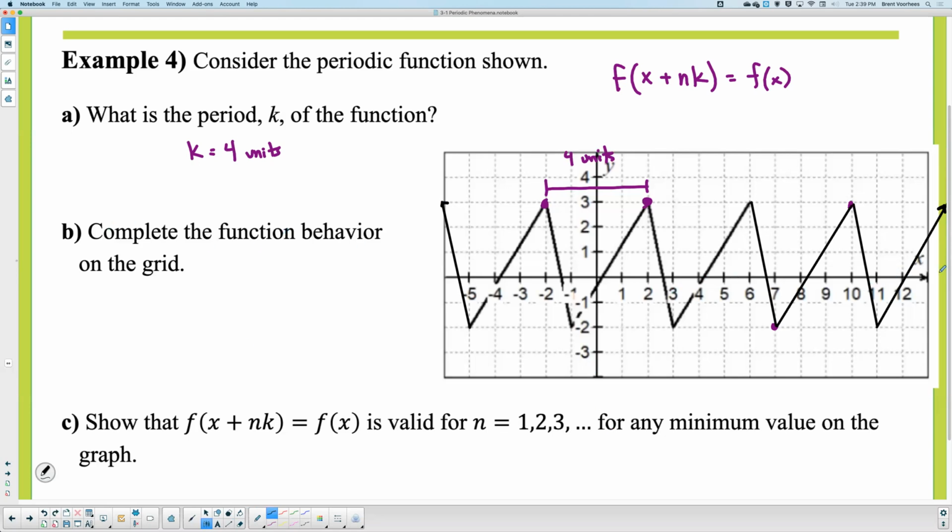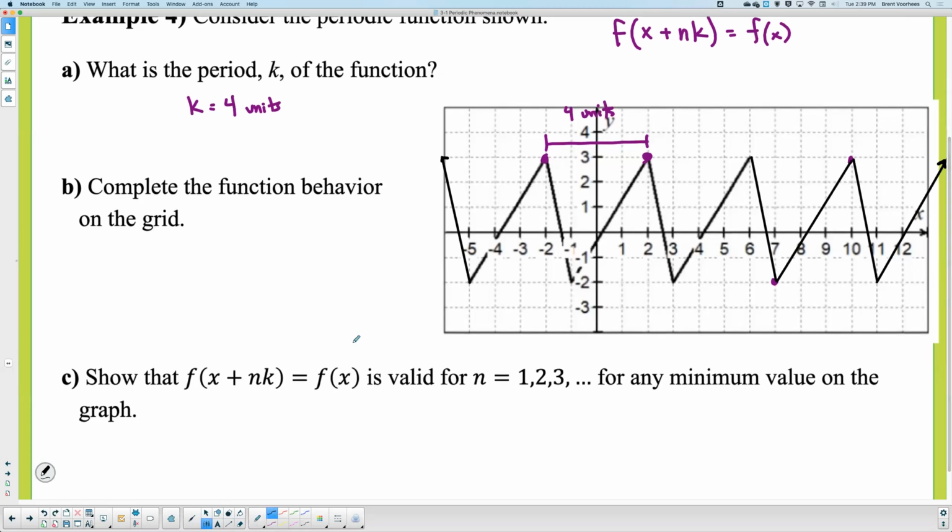We completed the function. Now, this says show that f of x plus n times k equals f of x is valid for n equals 1, 2, 3, or any minimum value on the graph. Okay, so what does that mean? Let's try this out. Let's just say n was 1, and I'm going to choose a random x value.